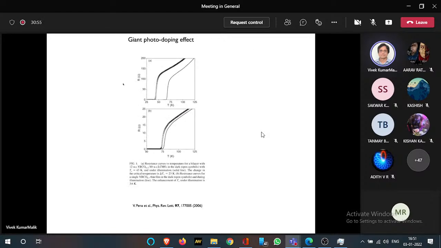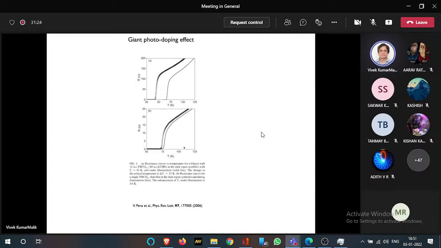This is something called the photodoping effect. Light does not have that much impact on a single YBCO film, which is the graph on the B. It's a slightly underdoped film, which is why the transition temperature is lower. If you put light on, the solid line here, then the change in the transition temperature is very small.